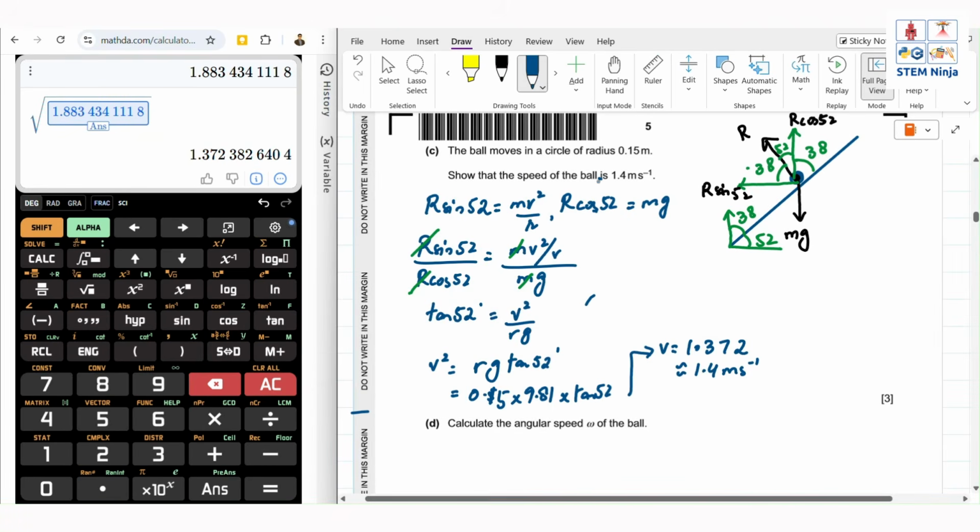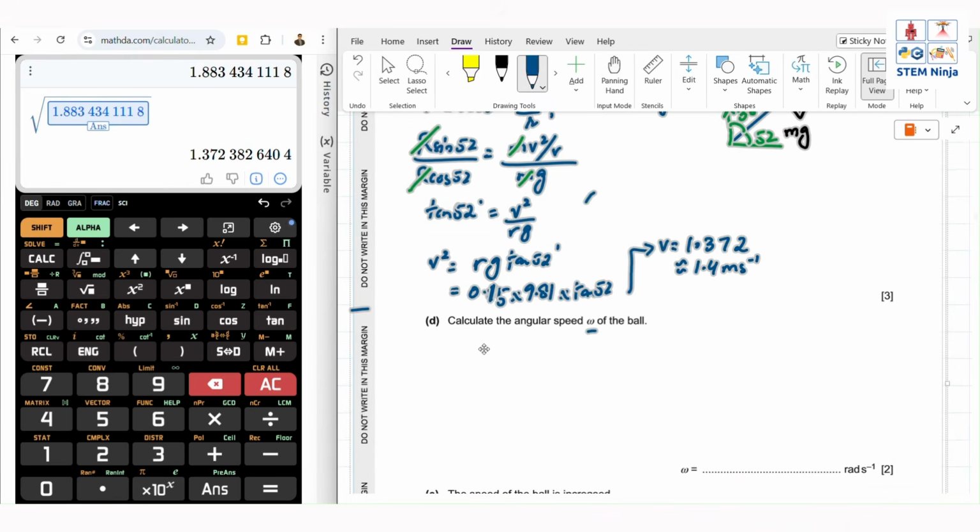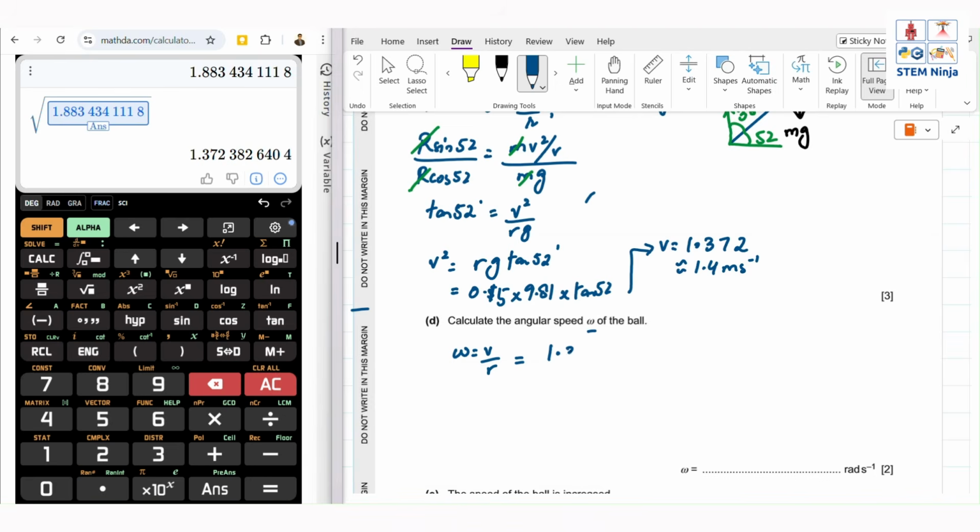Okay, so calculate the angular speed omega of the ball. So we know how to figure this out. Omega is equal to v over R, simply because v is equal to R omega. You can use 1.372, you can use the 1.4 also, divided by 0.15.